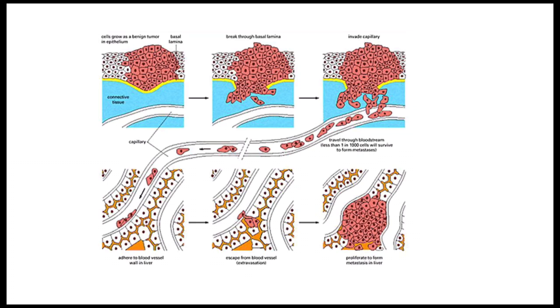In this case, we're looking at the liver. It adheres to the blood vessel walls in the liver and then travels through the blood vessel wall into the liver itself. From here, the cells quickly grow and divide in the liver. So basically, you're going from skin cancer to liver cancer relatively quickly, unfortunately.